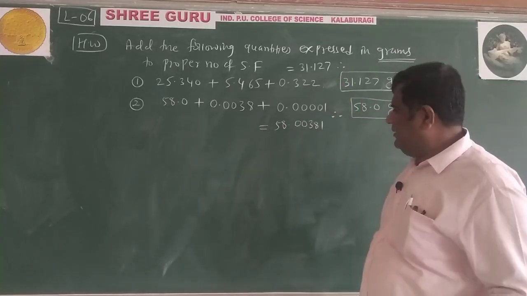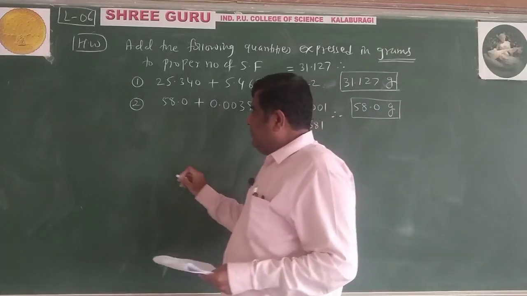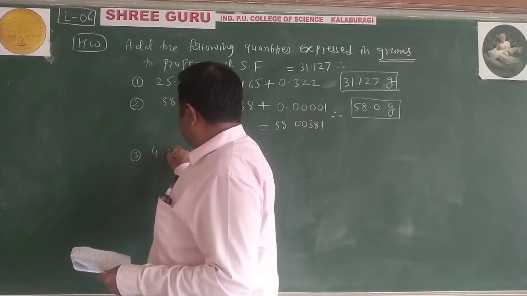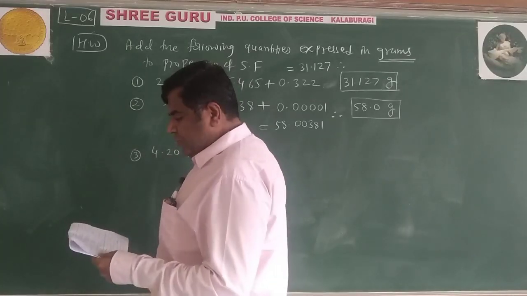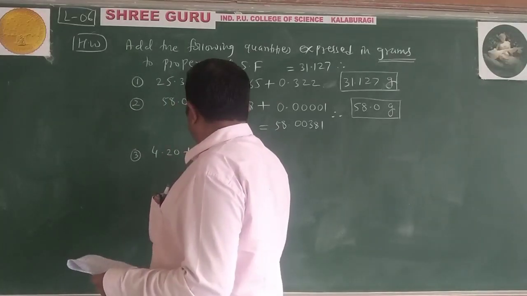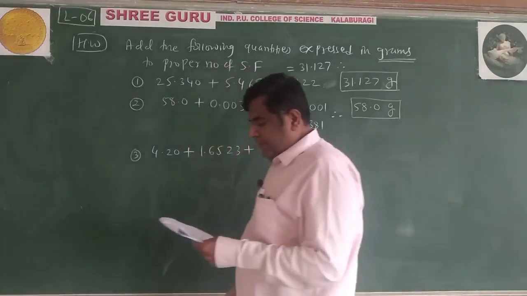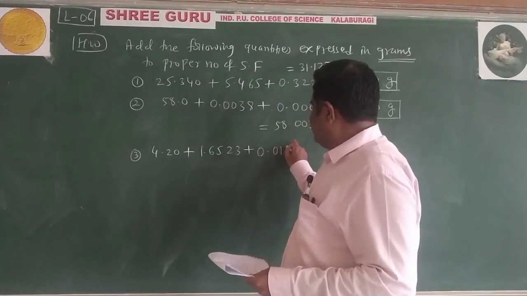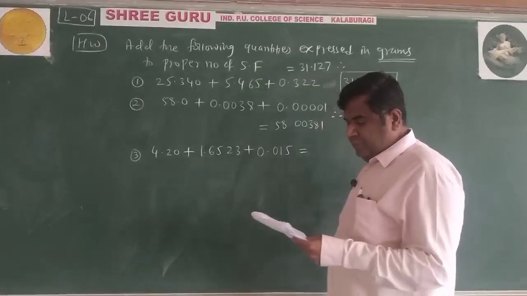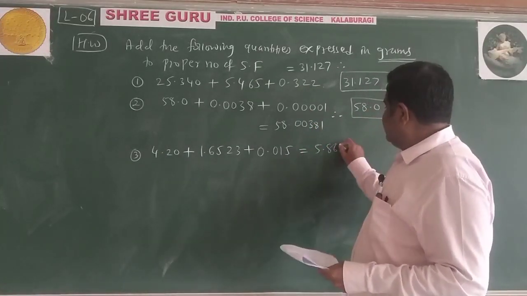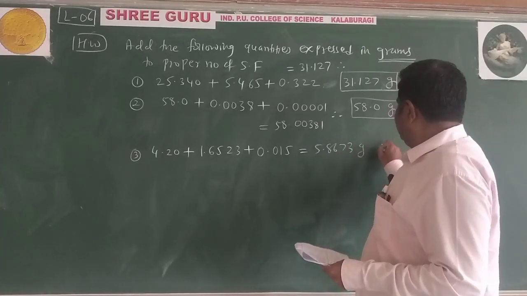The third one is 4.201.6523 plus 0.015. What we get is 5.8673 gram.